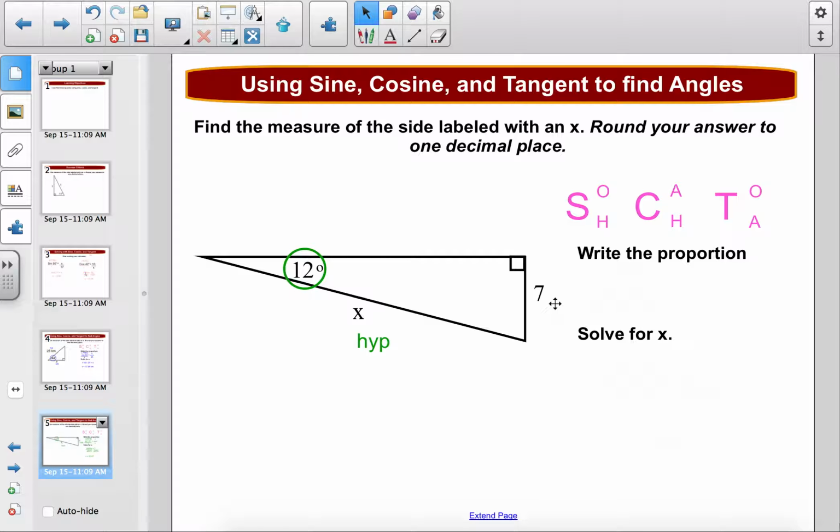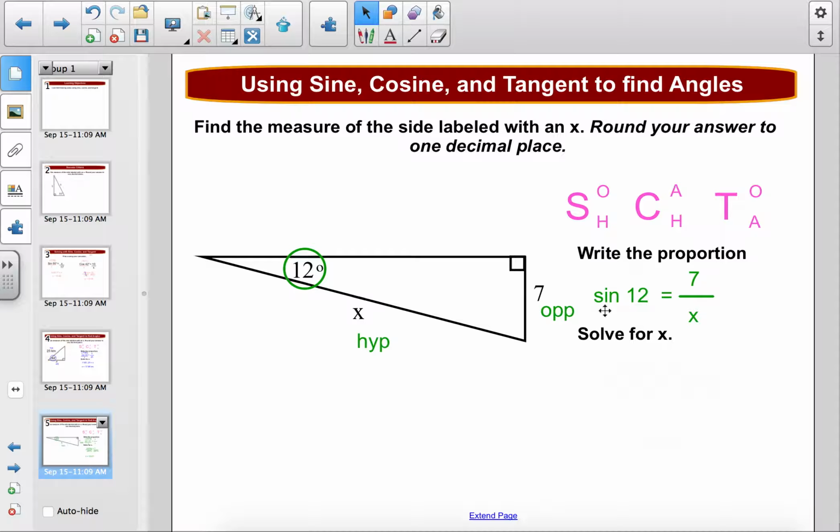Well, it's across, which means it's considered the opposite. So if I have opposite and hypotenuse that have either variables or numbers on it, that is going to be sine because it's O and H. So I'm going to write for my equation sine of 12 equals, well, opposite goes on top, hypotenuse goes on bottom, so 7 over x.